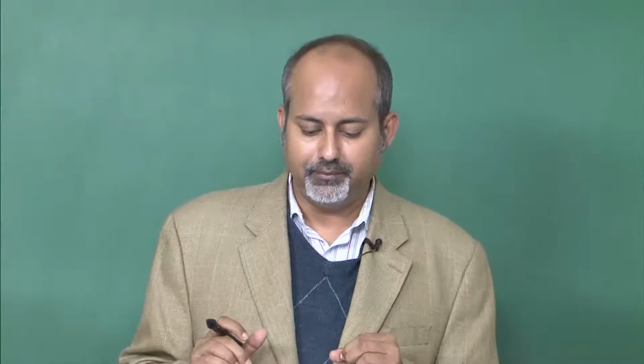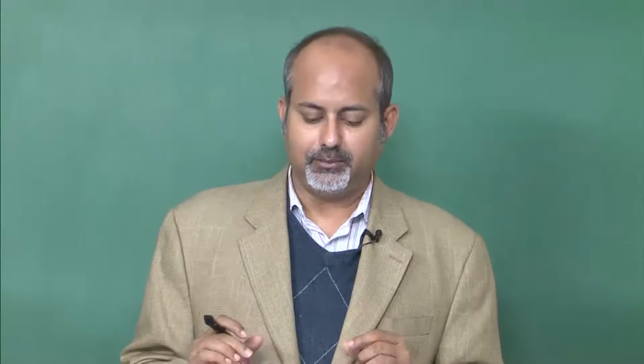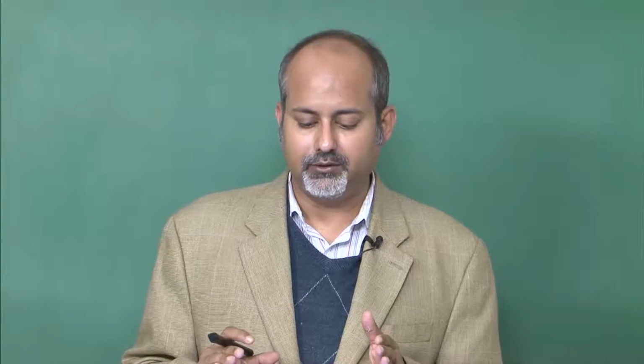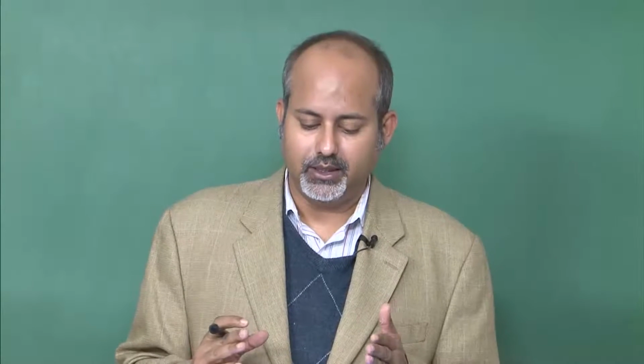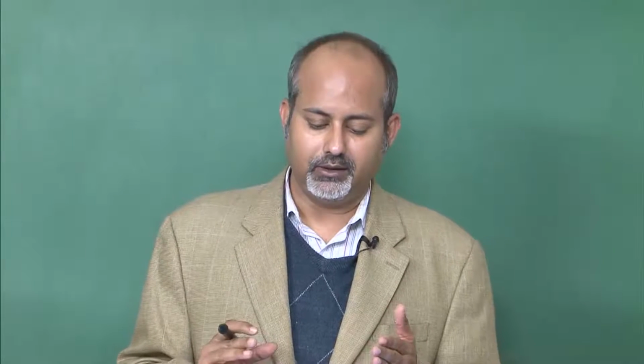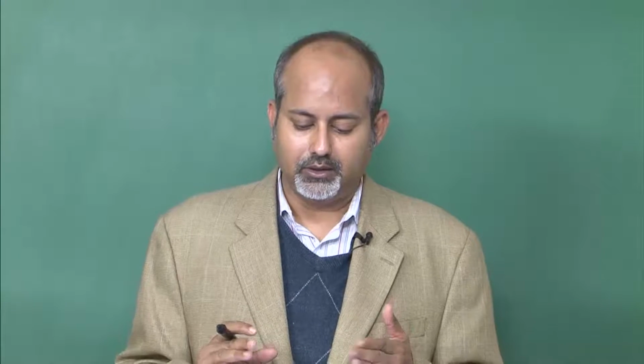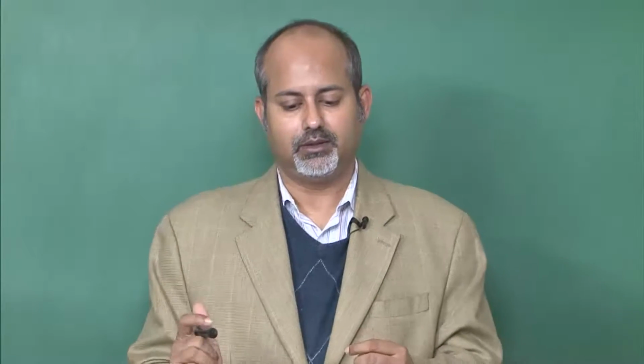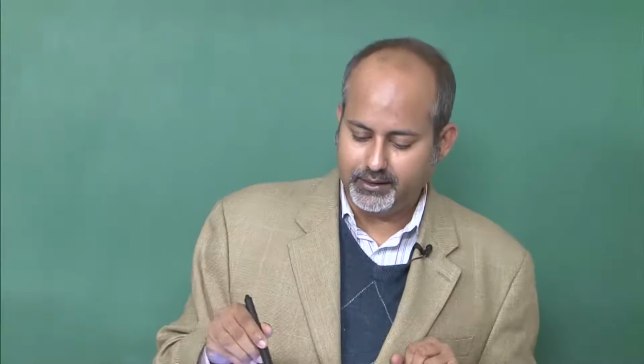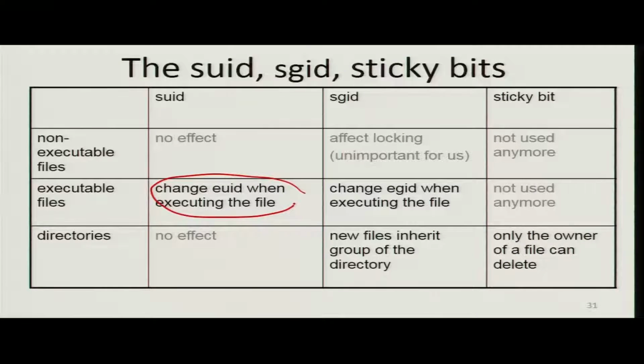So therefore, even though I am calling as an unprivileged user the passwd program or the ping program, for example, the effective user ID is set to the owner, in this case the root, so that it can access those resources. So that is the use of the SUID bit. It has no effect on non-executable files or directories.